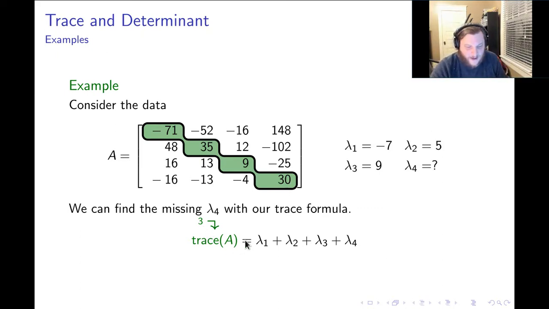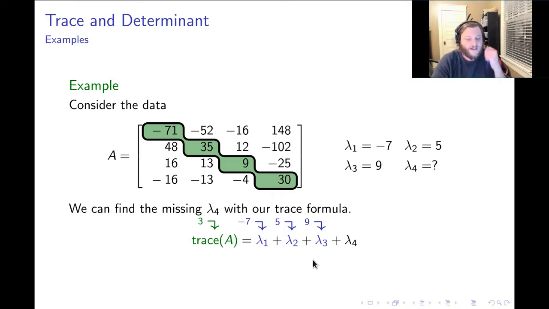Well, what about the sum of all these numbers? We'll get lambda 1 equals negative 7, plus lambda 2 is 5, plus lambda 3, which is 9. Well, what this is now telling us is that 3 should equal negative 7 plus 5 plus 9. What is that? Well, I guess that's equal to 7.